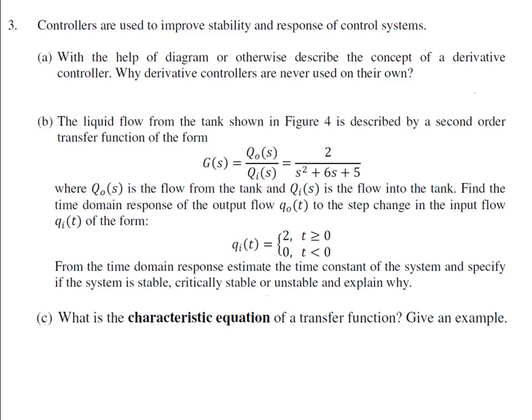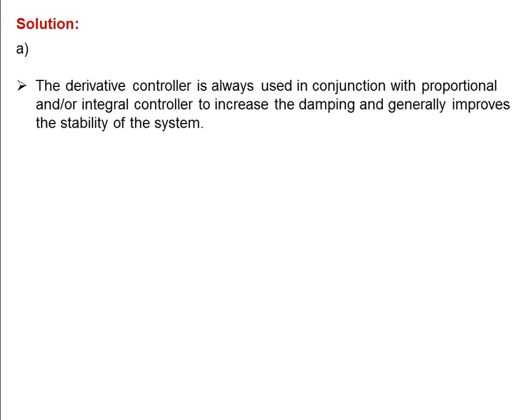And also we need to find the characteristic equation of the system. So for the first part, I need to mention that the derivative controller is always used in conjunction with a proportional or integral controller to increase the damping and generally improve the stability of the system.